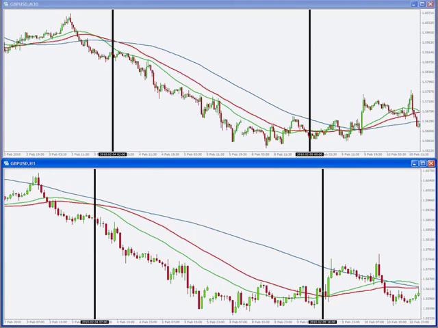Well, let's analyze these two different charts. We can see on the 1 hour time frame that the moving averages are all in order, all right? 30 below the 50, and the 50 below the 100. Then all of them are pointing down. Then price is nowhere near the 100 simple moving average, right?